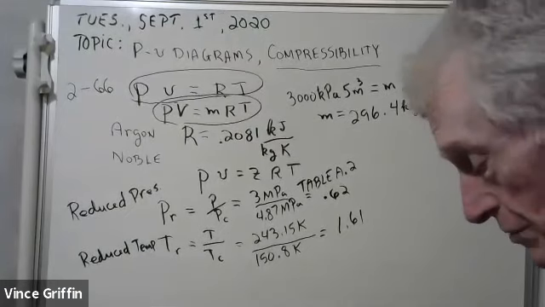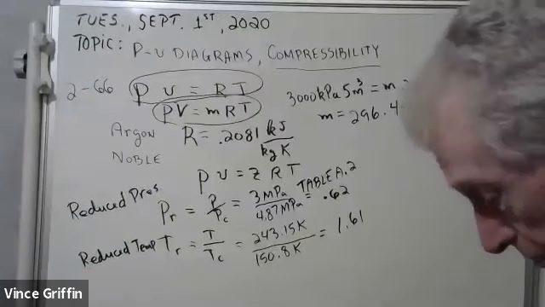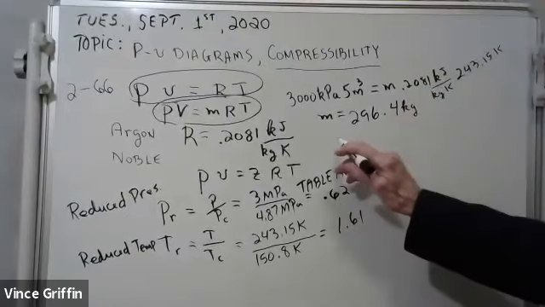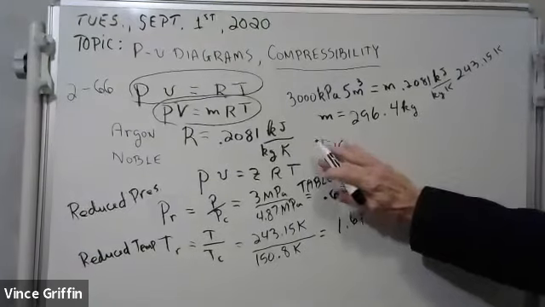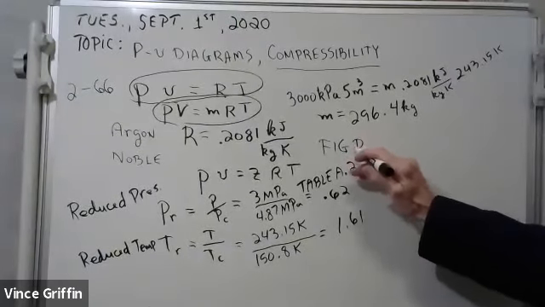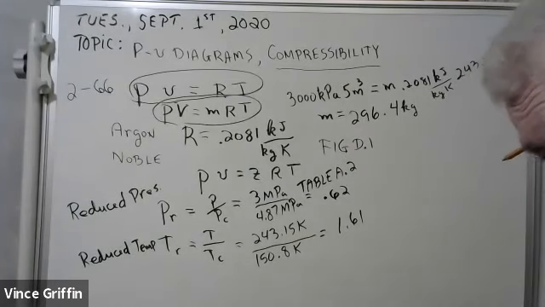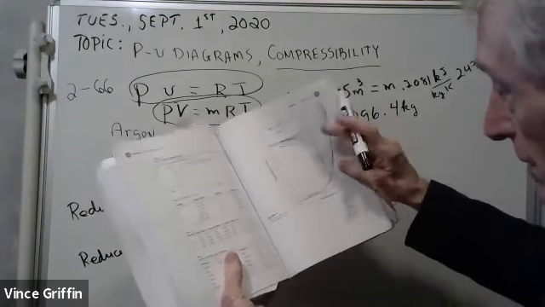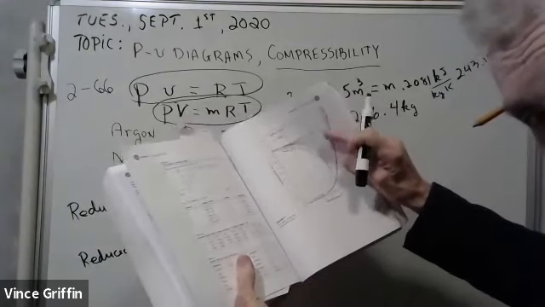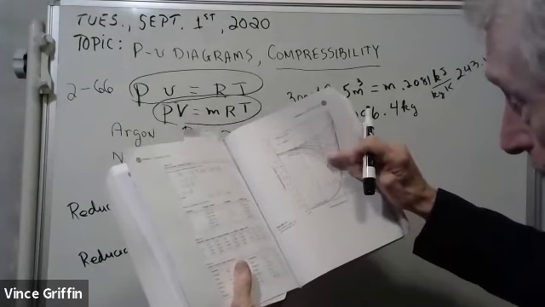Now we're going to go to a graph, figure D.1. It's in the back of your book. See where I'm wiggling my finger here? That's figure D.1.